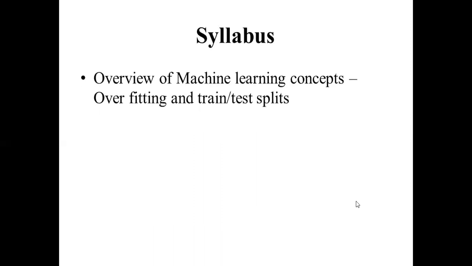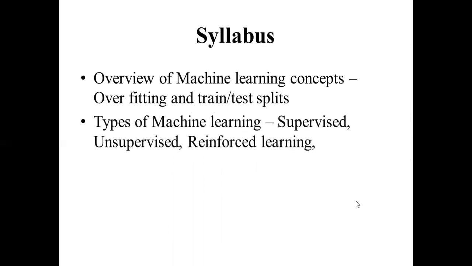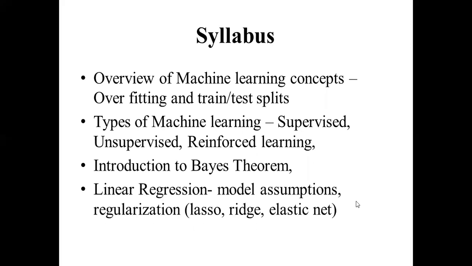The first point is an overview of the machine learning concept, that is overfitting and train and test splits. Next we have types of machine learning, that is supervised, unsupervised and reinforced learning. The fourth one is an introduction to Bayes theorem. And the last one is linear regression, where we perform model assumptions and regularization.